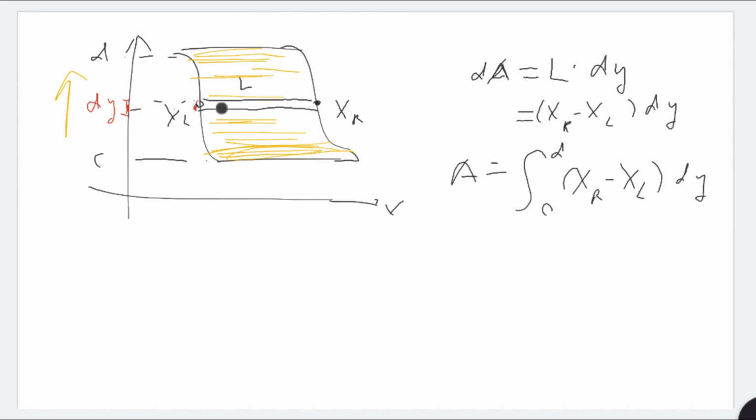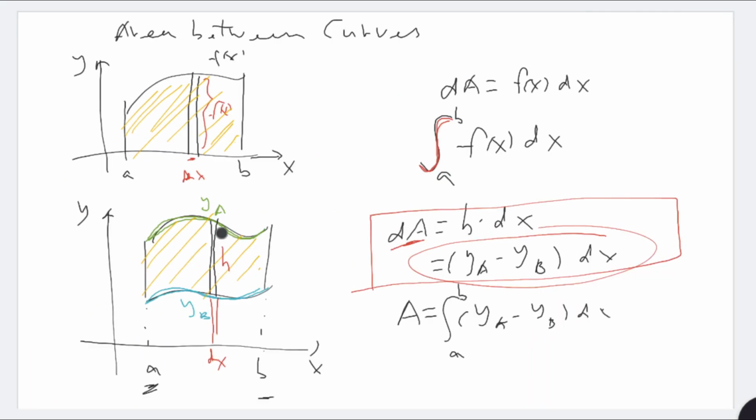With the horizontal strip, if you extend it in this case, it would intersect with the y-axis, so you know it's dy. Similarly, a vertical strip, if you extend it, it would hit the x-axis, so it's dx.